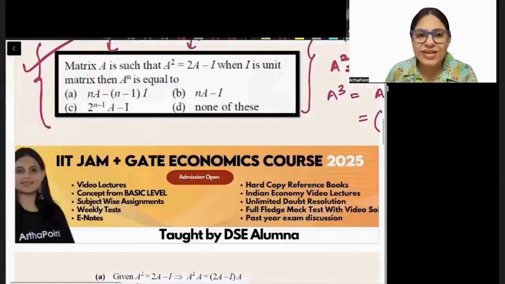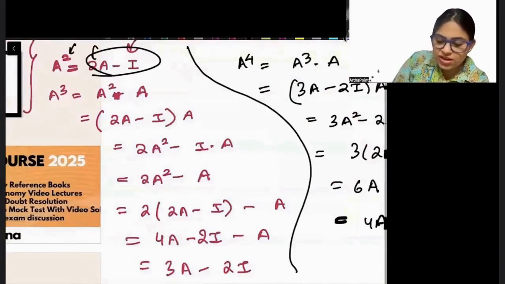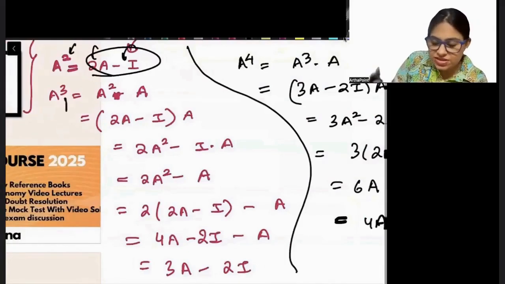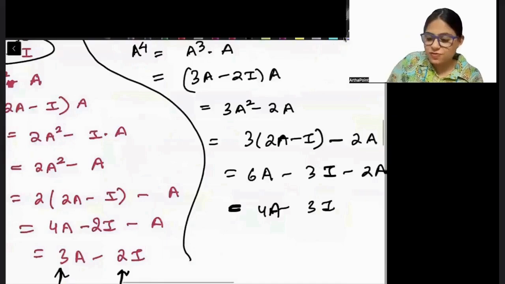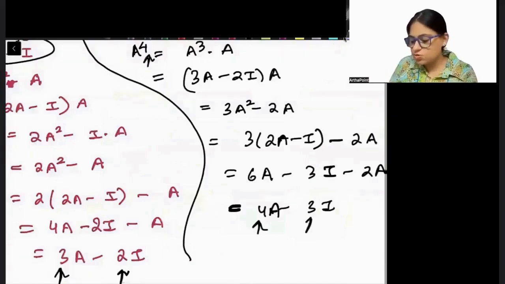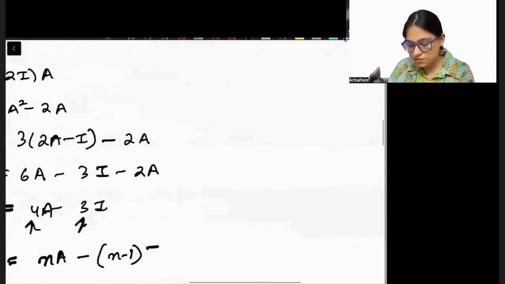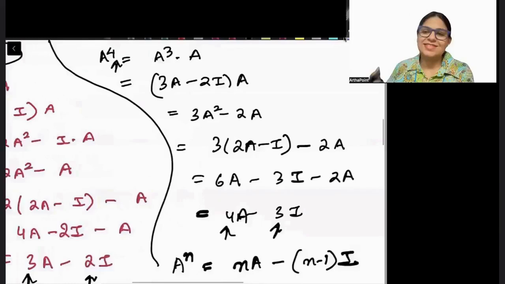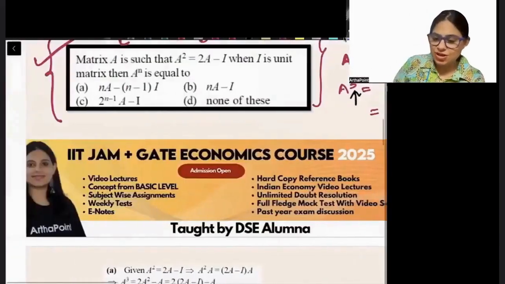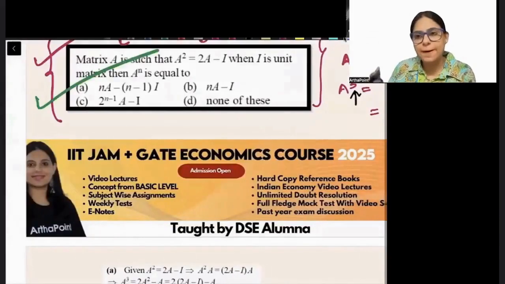Now, if this is 2, here you see 2 and here you see 1. If this is 3, here you see 3, here you see 2. If this is 4, here you see 4, here you see 3. So if this is n, here you will see n and here you will see n minus 1. That's the answer to this question. So the correct answer will be A. Clear?